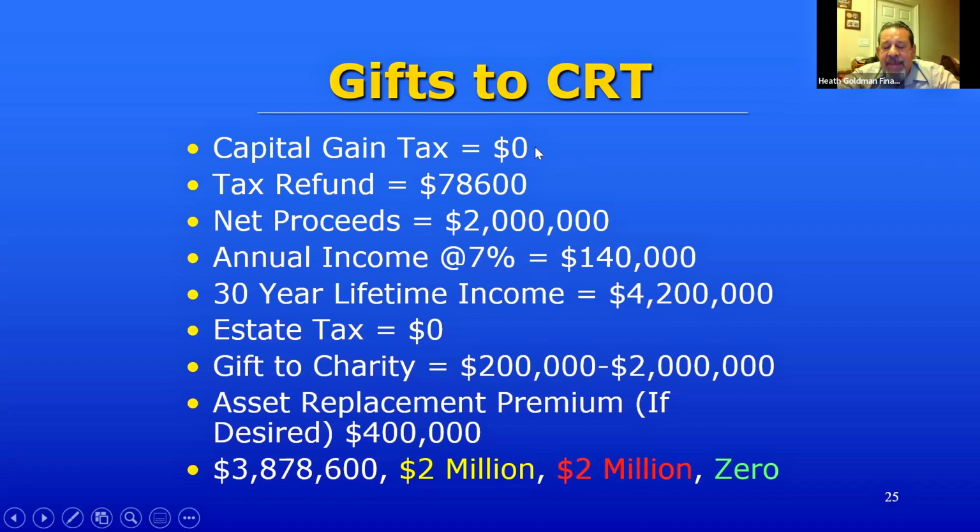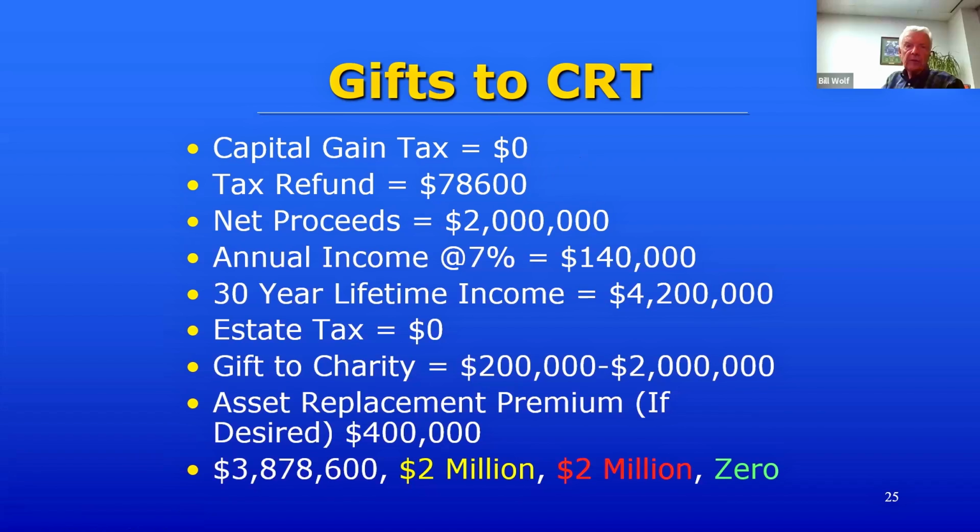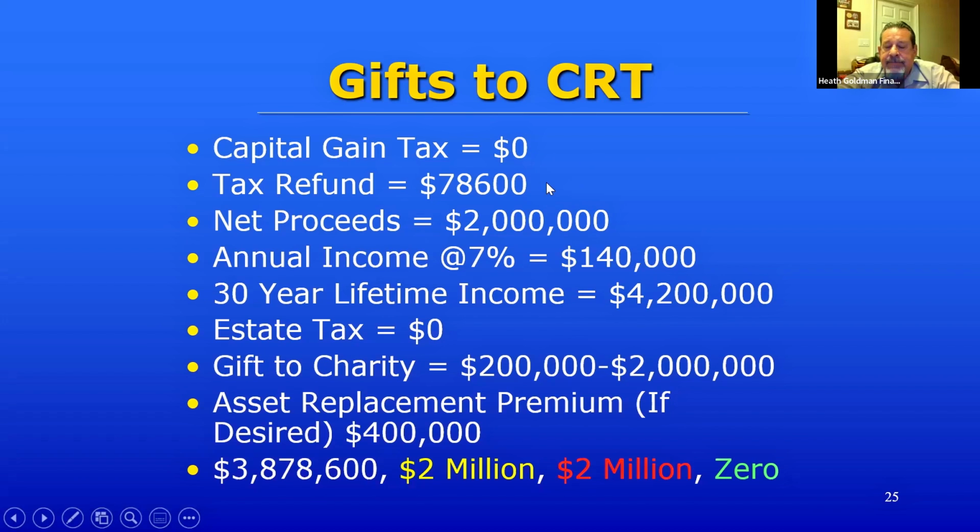One of the things that Bill nor I mentioned, and it's a benefit that comes along with the CRT, but not the major benefit, is that you do get an income tax deduction for that initial transfer of the asset into the trust. In this particular example, it created a $78,600 tax refund based on the charitable deduction. It's an added benefit we tell people.